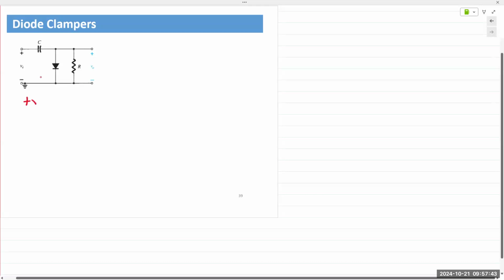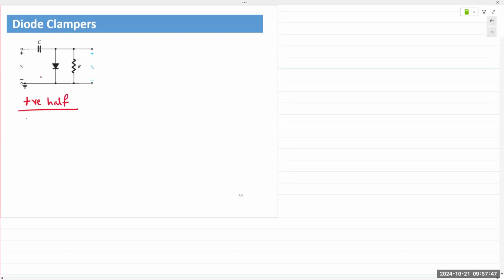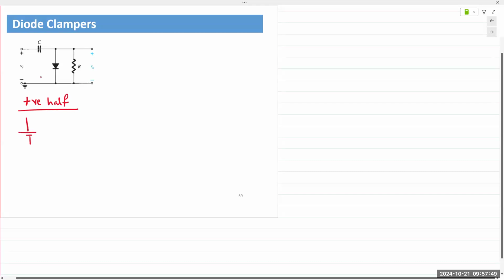So in the positive half cycle, let's say it looks like this. Diode behaves like a short circuit because the anode is connected to the positive end. V out is equal to 0.